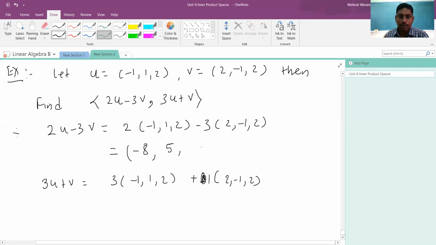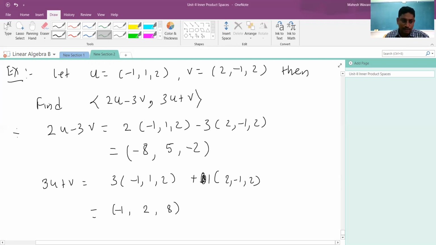And the last, 4 minus 6, it should be -2. For 3U plus V, -3 plus 2 is -1, 3 minus 1 is 2, and 3 into 2 plus 2 is 8.